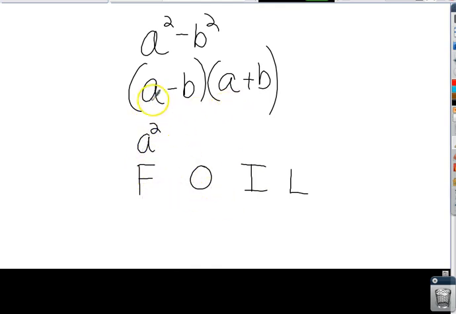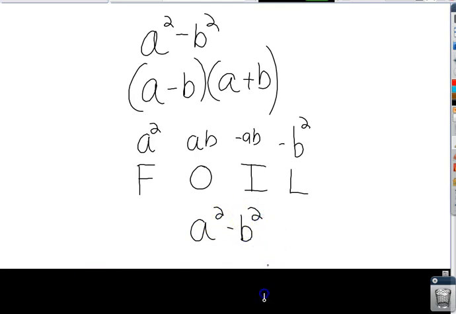The outside two things, a times positive b, ab. The inside, negative b times a, negative ba, or negative ab. And last, negative b times b, that's negative b squared. Well, look at that. The O and the I part of FOIL, that gooey nougaty center, cancels out. So we're left with this product, which is why this formula works.